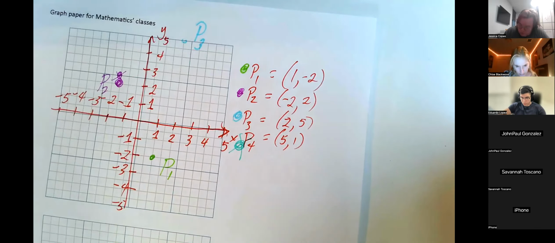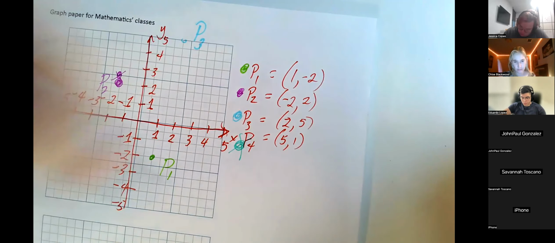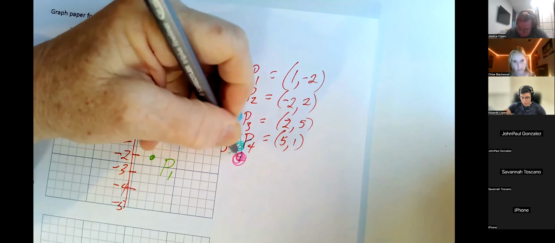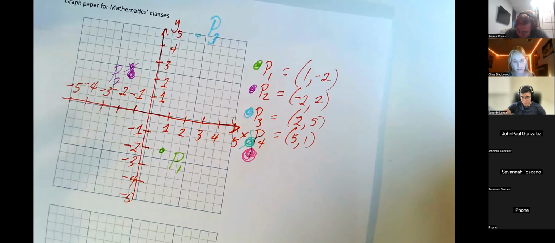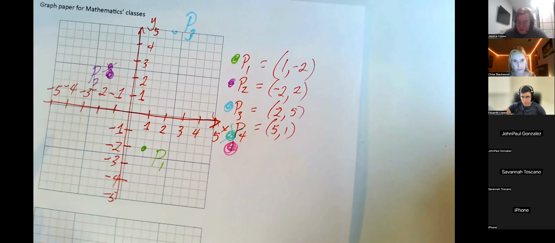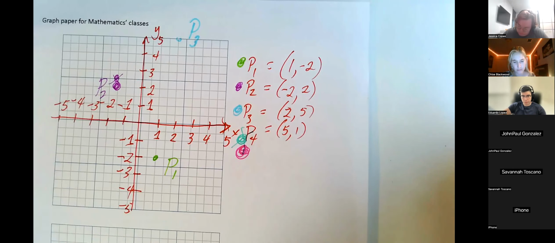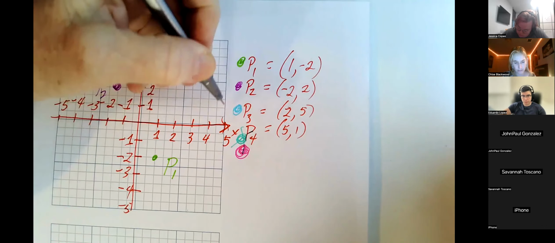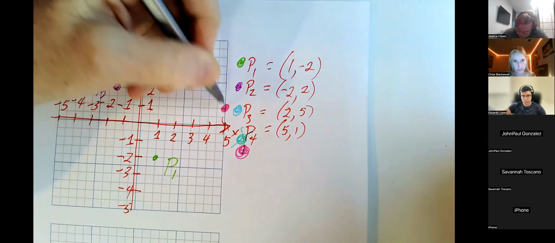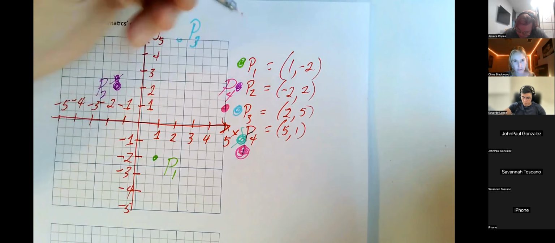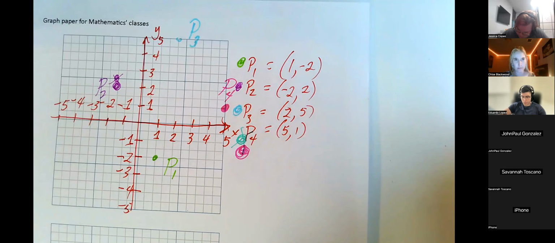I can see that it isn't. Let's use this pink color for point 4. And where is point 4? To the right 5, up 1. Excellent. So we always have to graph the points first so that we can see which sides we're going to measure.